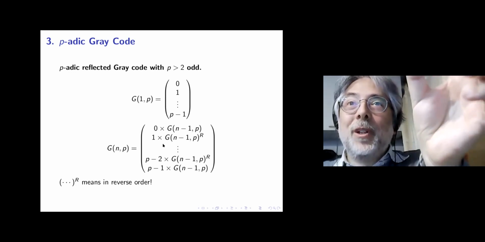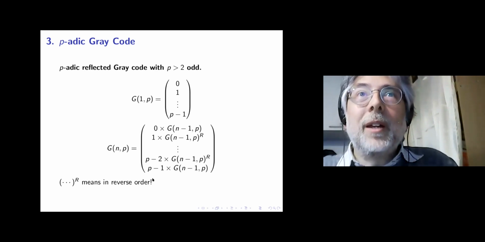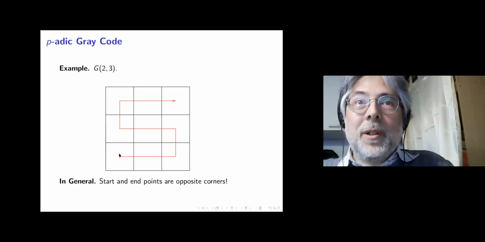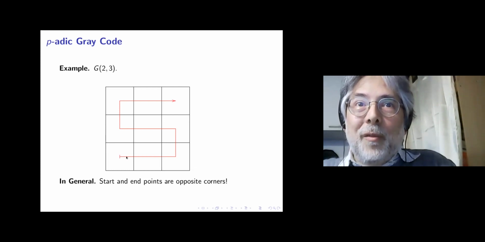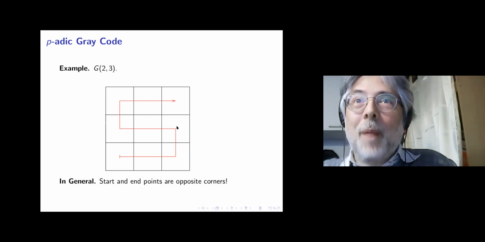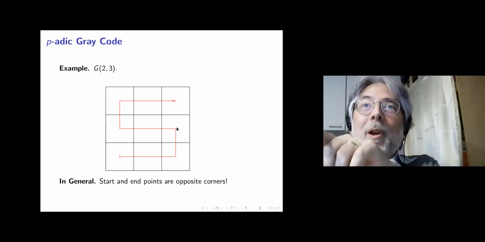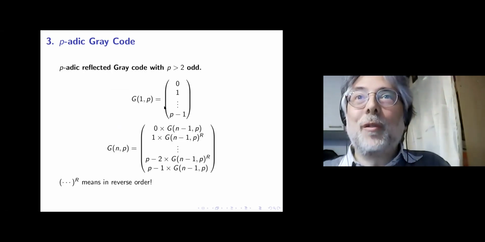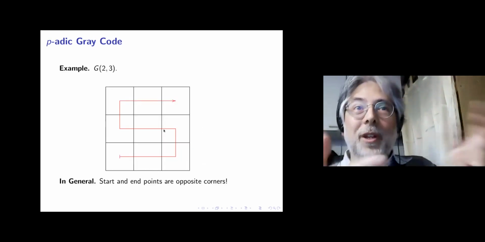You alternately do this, and you can visualize it in this example, G23. So you pass through these first 3 points from left to right, then go up to the next one, and then from right to left, go up to the next one, and so on. This is the process of alternately reversing the gray code that you had before.